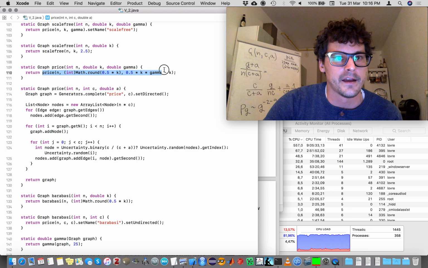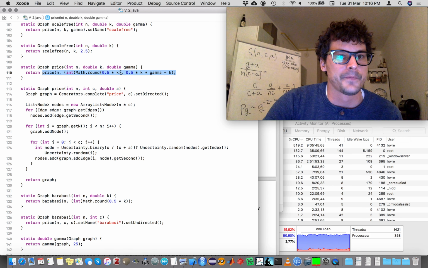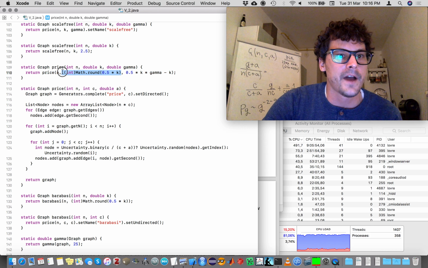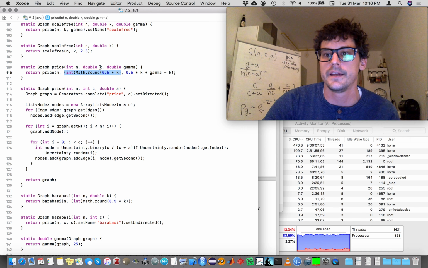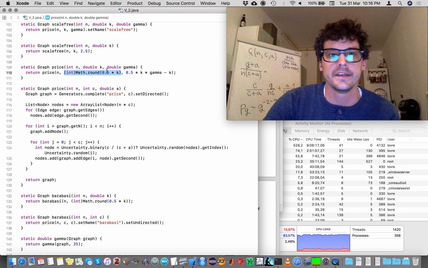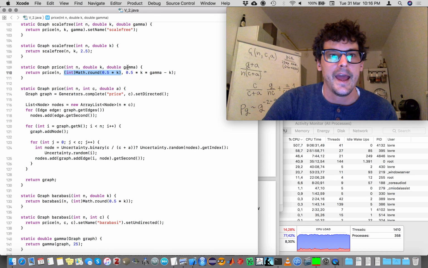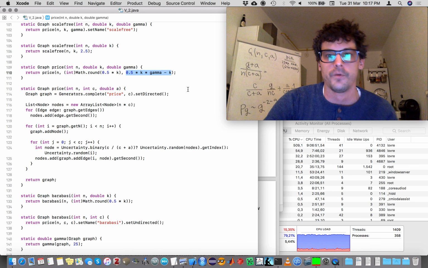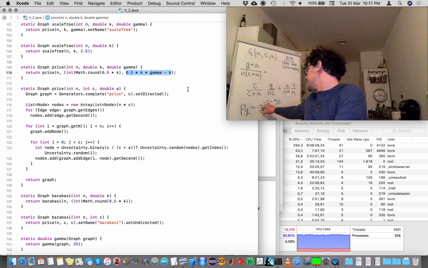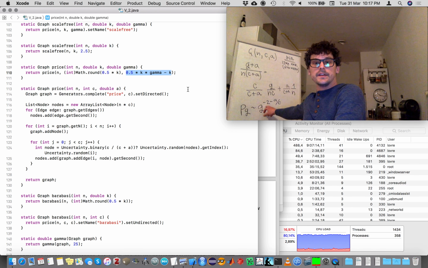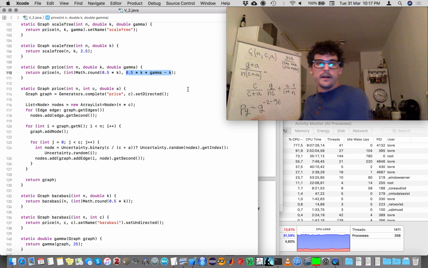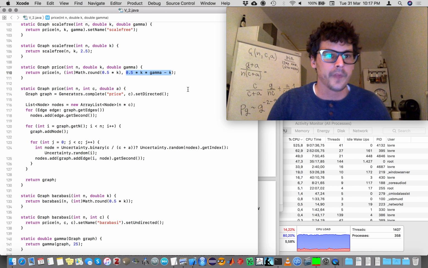And this is done here. So if I set the average degree in the network to be k, then C is simply 1/2 of that. And if I want a particular gamma, this is the formula that can be used, which is basically using that gamma equals this exponent here.